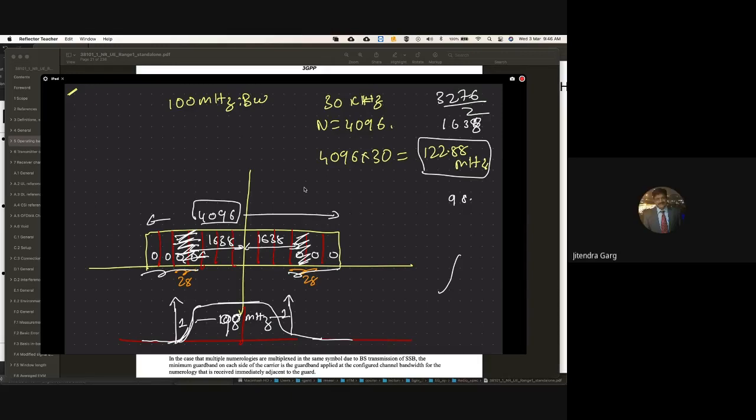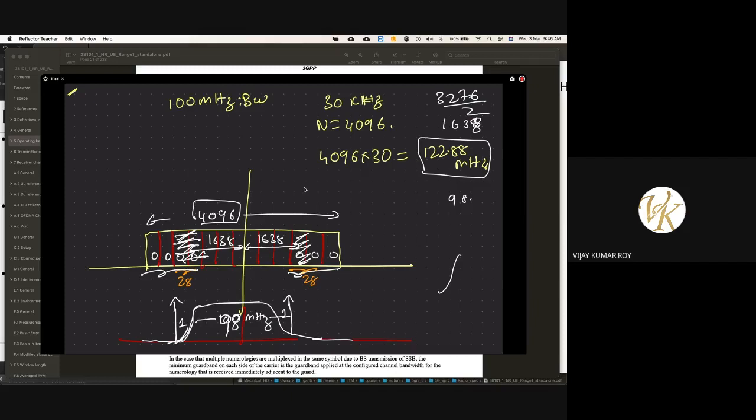Sir, but we cannot use this particular 22.88 megahertz for some other purpose also. No, you cannot. So PAPR may increase, sir? PAPR has nothing to do with this.